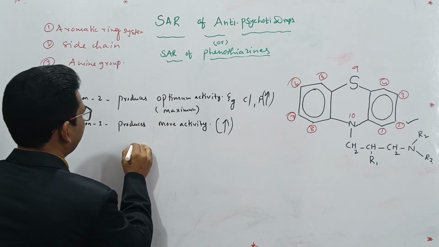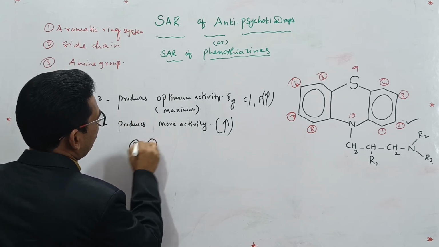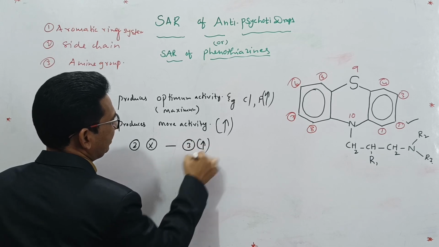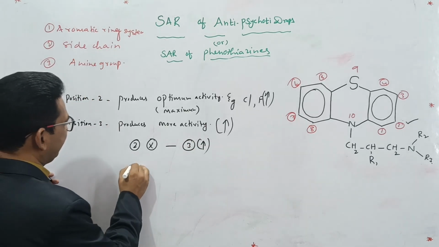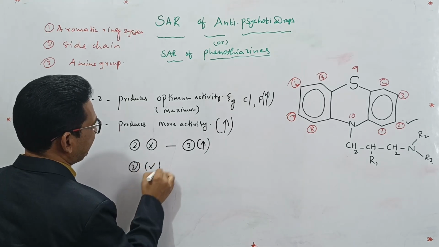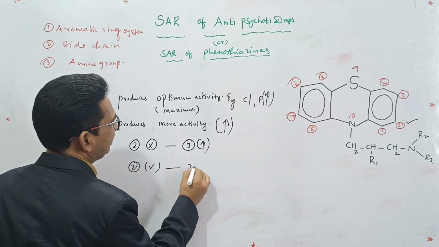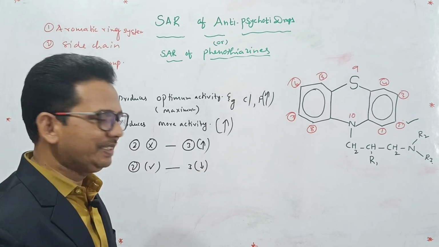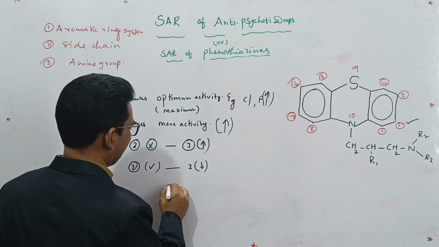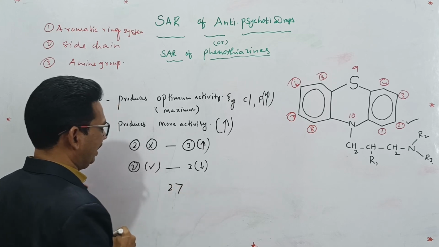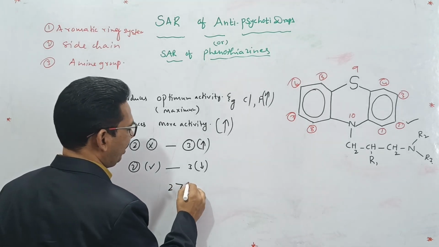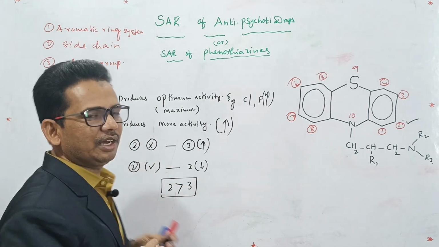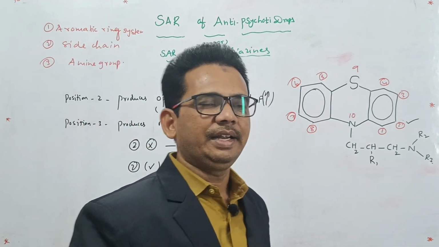Remember, if there is no substitution at the second position, the third is more active. If there is a substitution at the second position, the third one is less active. So the second position substituted with an electron withdrawing group is more active compared to the third position. This is the final conclusion between 2 and 3.